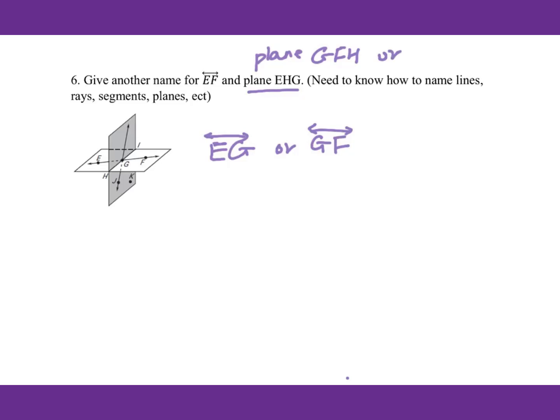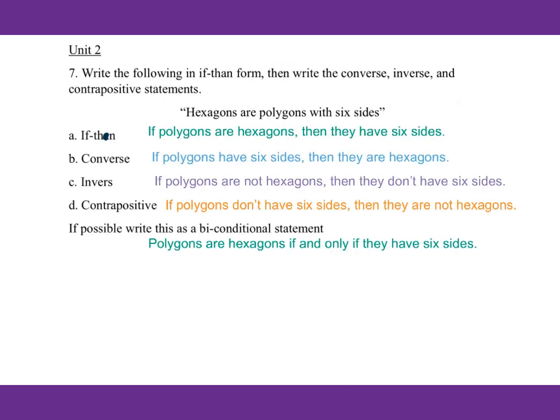Or EFH. Do not use points on the same line like EGF. This is wrong. Make sure these 3 points are not on the same line.